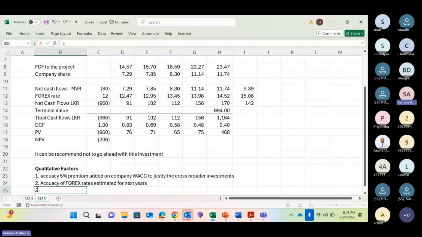Time value, or you can say opportunity cost. Opportunity cost of the interest-free loan, right?